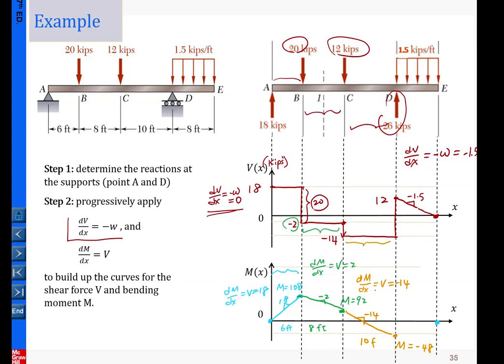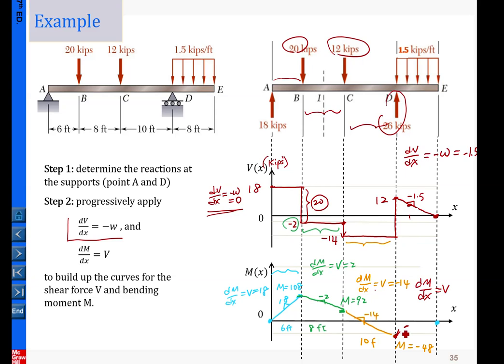Then in the final segment, with the color I have not used, the red one, dM/dx equal to V. Right now you can see that V is decreasing. Basically at this point the slope is 12, which is kind of big, and then toward this position the slope is a little bit less positive, that is, less negative.